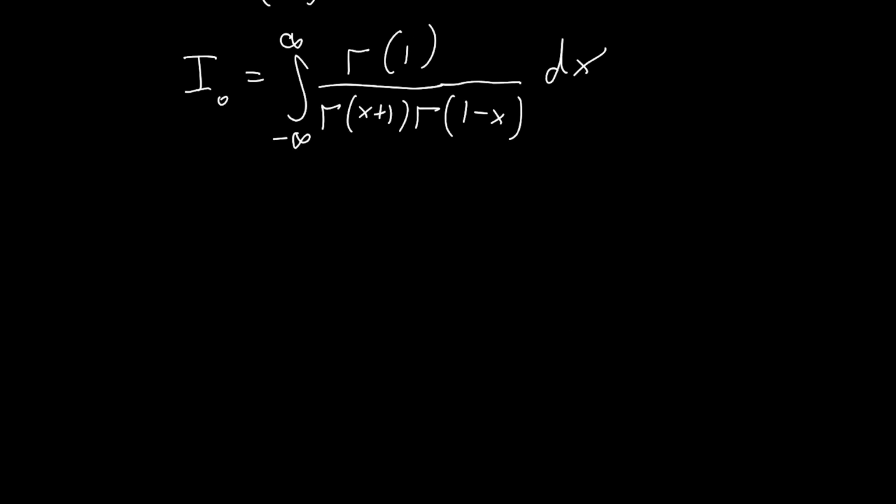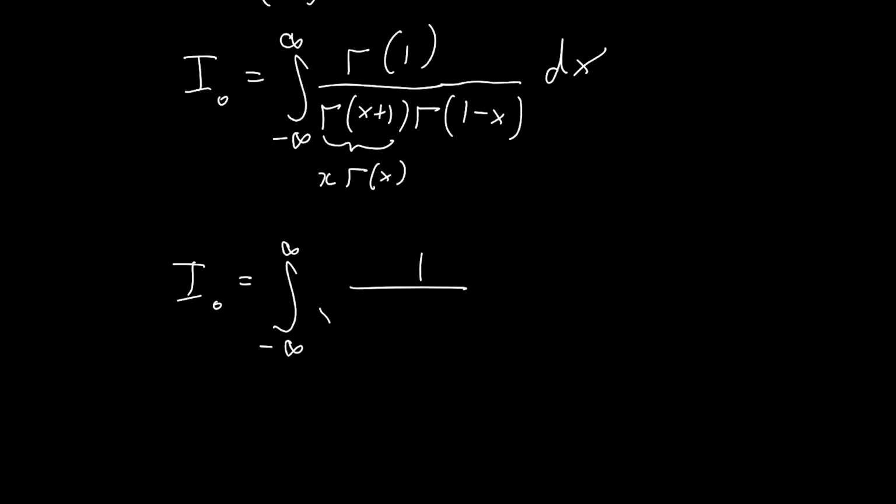And so what we're going to do now is say I of 0 equals, and gamma of 1 is just 1, so we're going to have 1 on the top, and we can rewrite this gamma as x lots of gamma of x. So you can see this is 1 over x gamma x times gamma 1 minus x.